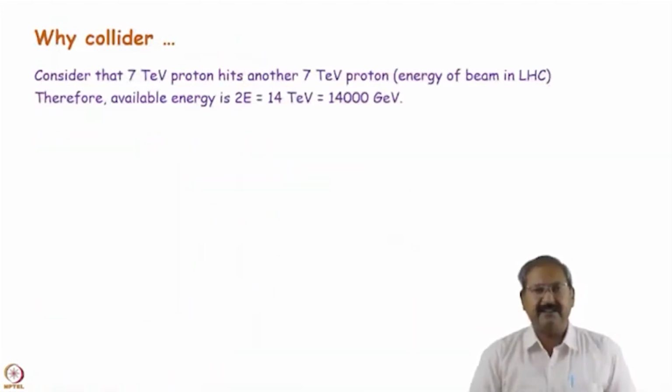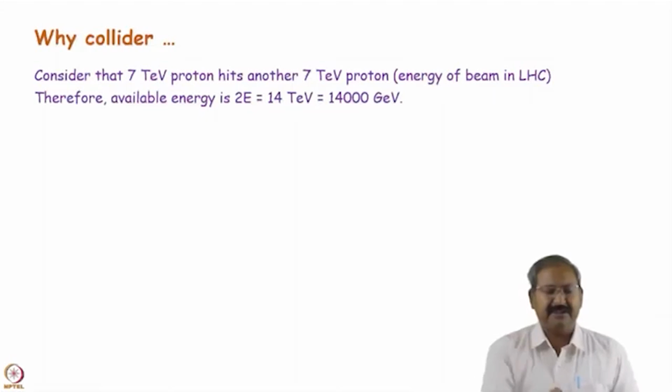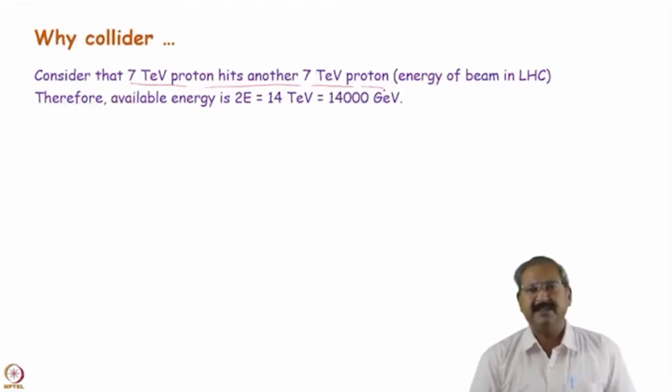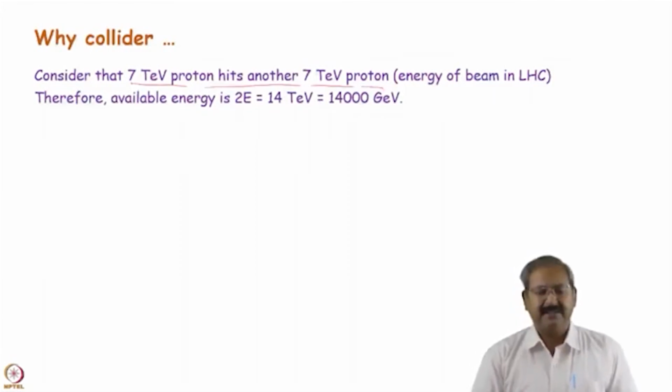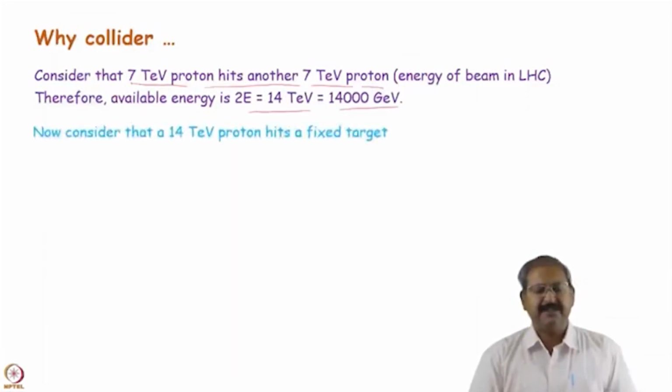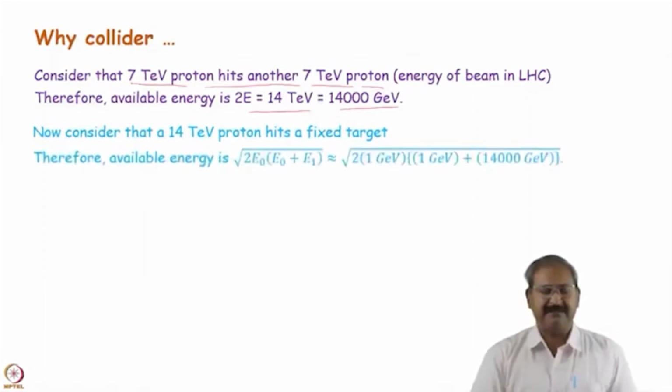We take an example for calculating this. Consider that a 7 TeV proton hits another 7 TeV proton. 7 TeV is the energy in the LHC, the Large Hadron Collider at CERN. Therefore, the available energy in the colliding beam facility will be 14 TeV, 14,000 GeV. Now consider that instead of 7 TeV, we take a 14 TeV proton and hit it on the fixed target.